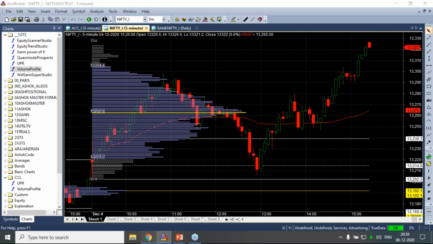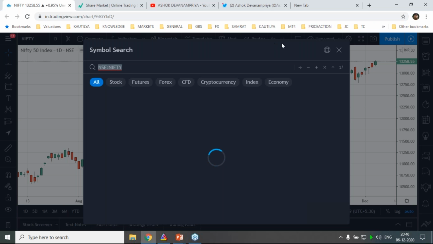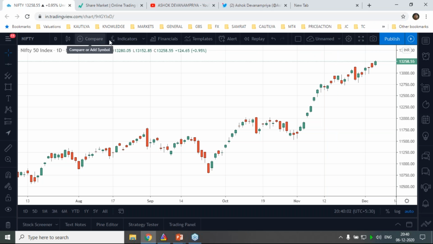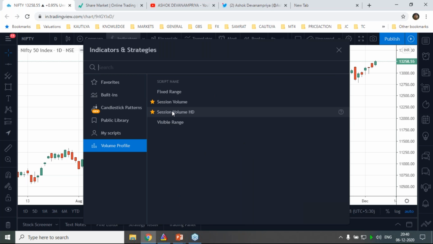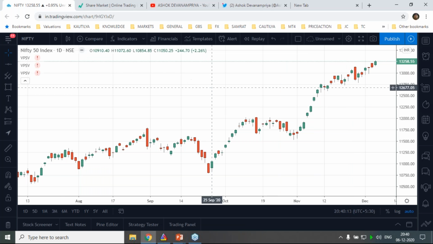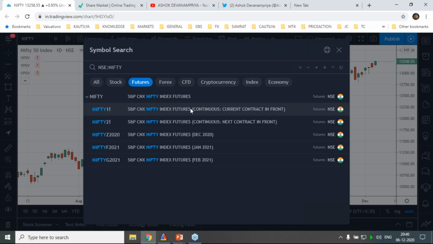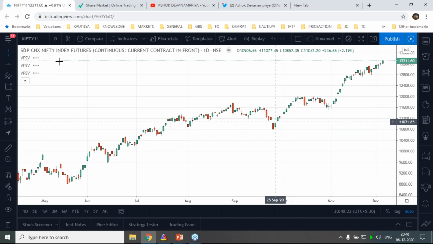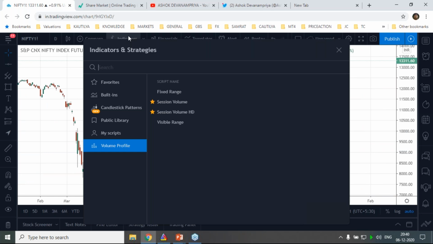Okay, friends, if you want, you can always go to your TradingView. You can use your volume profile indicator. For example, indicator, volume profile, here it is. The reason is I'm not using futures of Nifty. Here you can always search volume profile.